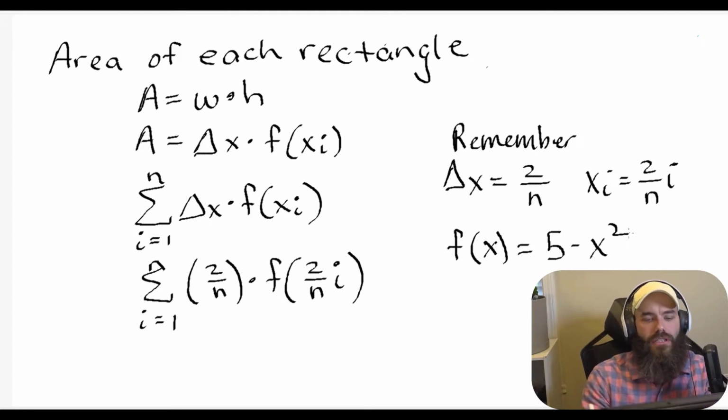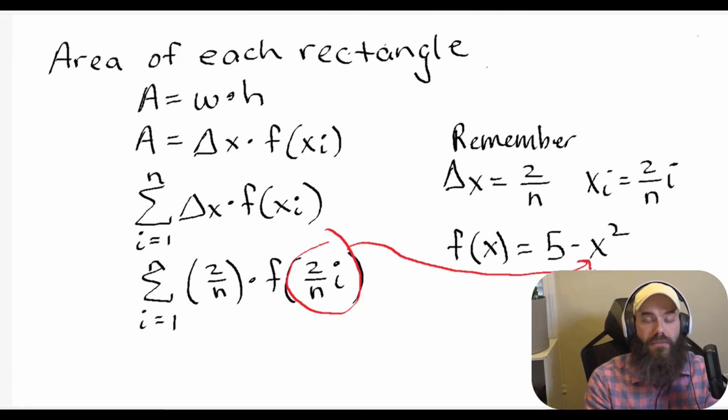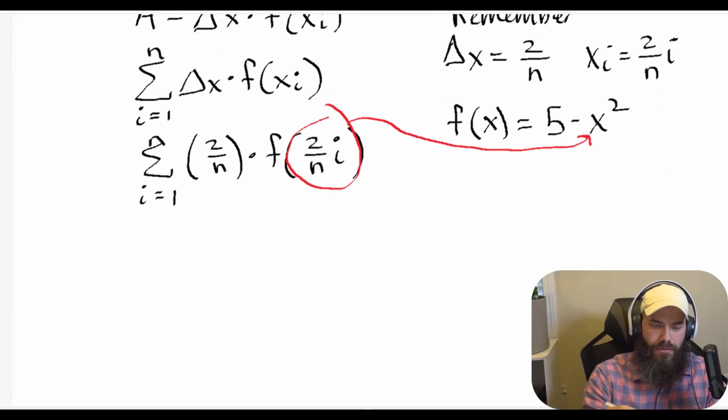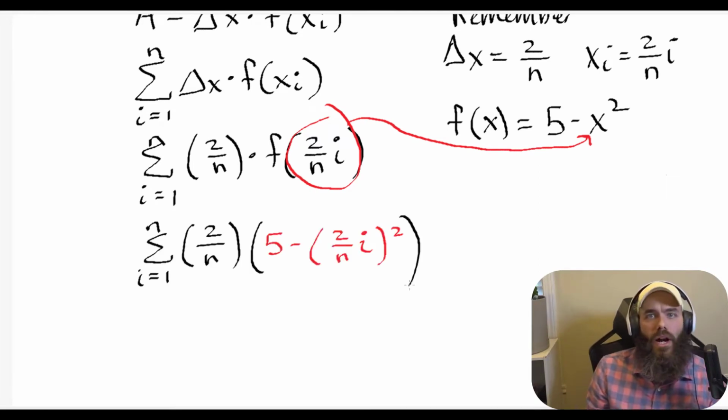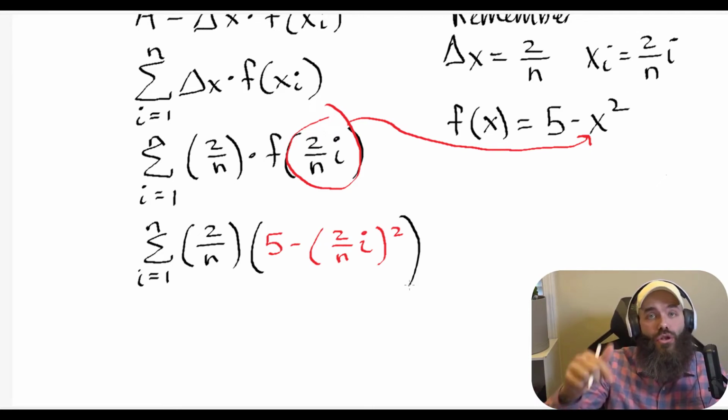There's our function. So remember what this notation means. This means to take the expression 2 over n times i and substitute that in for x in your function. So when you do that, you'll get this. Let's scroll. All right, and I have in red the function at 2 over n times i.